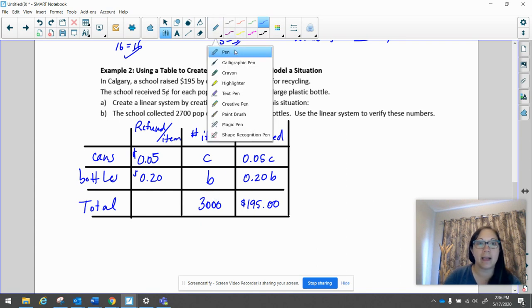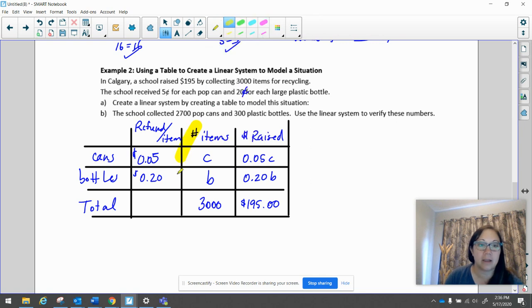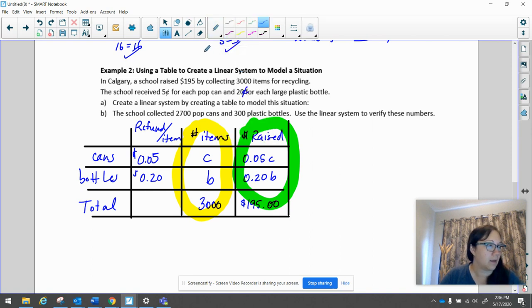Okay, so where are my equations? If I look at this table, there's actually one equation from this information, and then there's another equation from this information. I'll do them two different colors so when I write them out, you can see the difference. The first one, I'm going to call equation A, and then equation B. So equation A is actually C plus B is equal to 3,000 for the total.